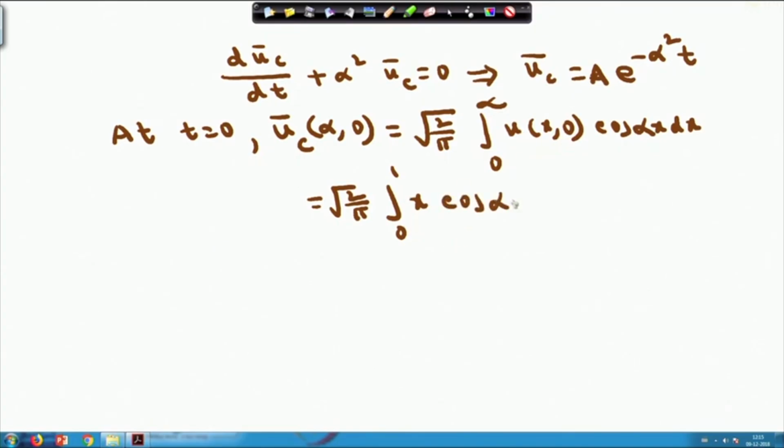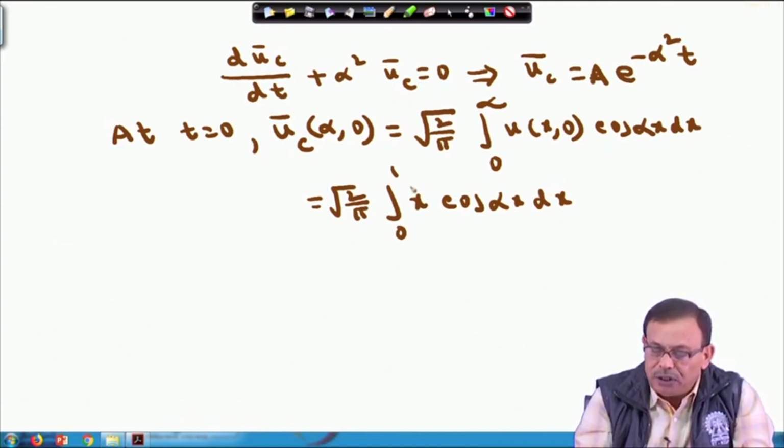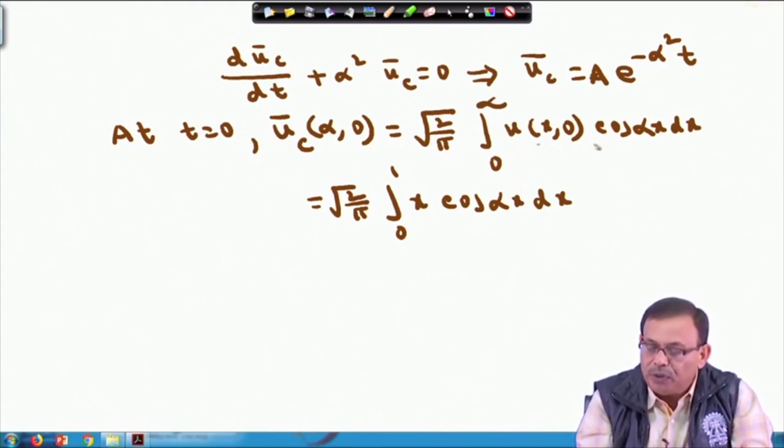So, it is x cos of alpha x dx. So, u bar c is nothing but the Fourier cosine transform of the function u(x, 0). For that reason, we have written 0 to infinity u(x, 0) cos of alpha x dx into root over 2 by pi is u bar c(alpha, 0). Now, u(x, 0) in 0 to 1 is x and otherwise it is 0.